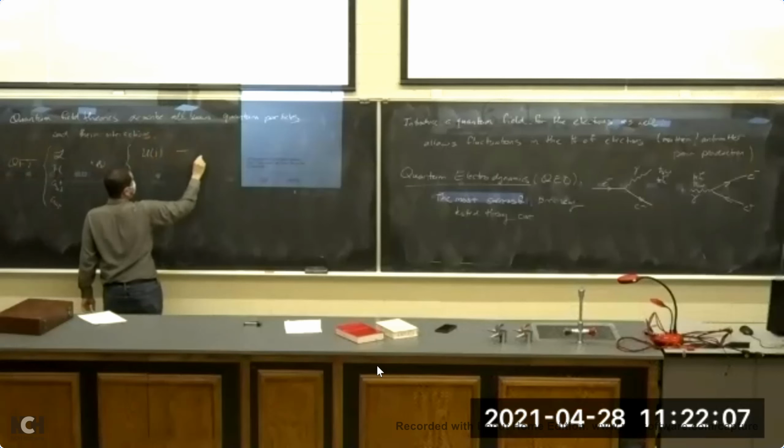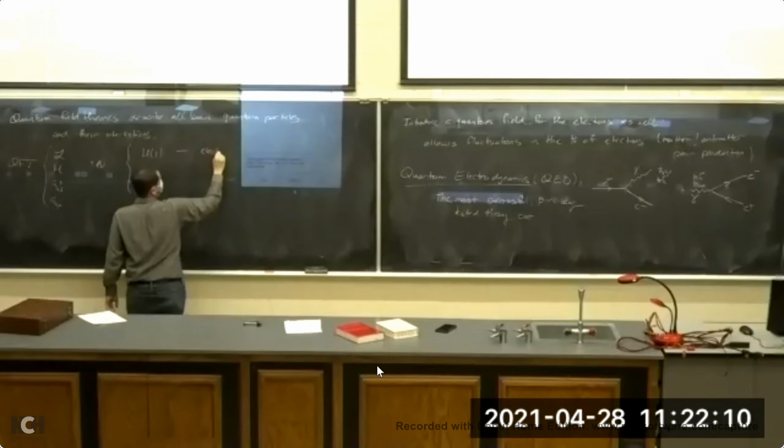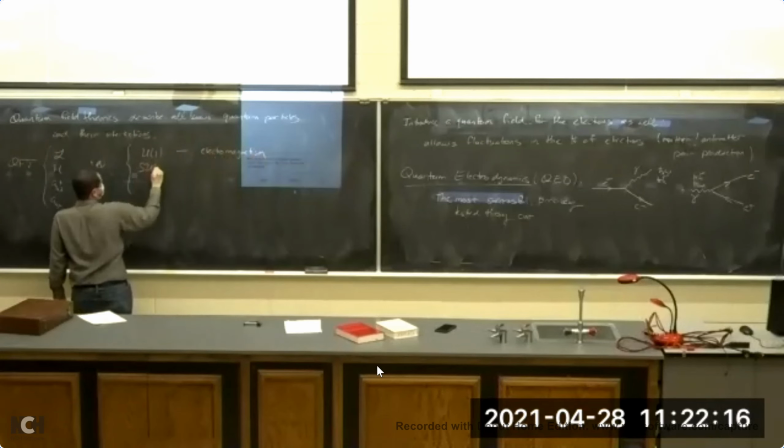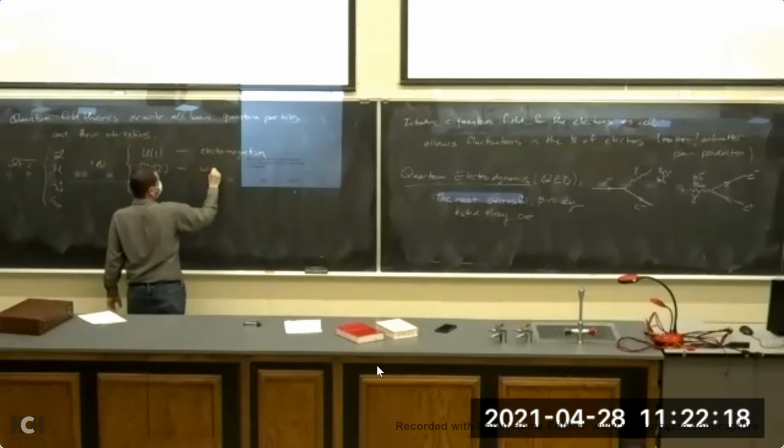This is U1 gauge symmetry, which is electromagnetism. The interactions corresponding to SU2 are the weak nuclear force.